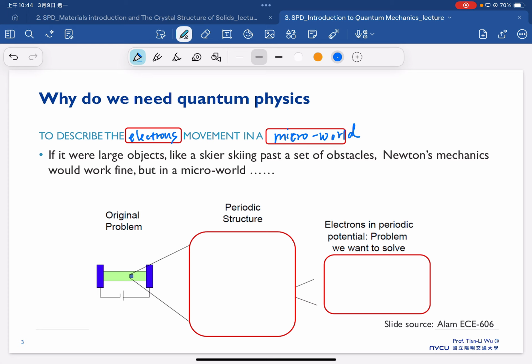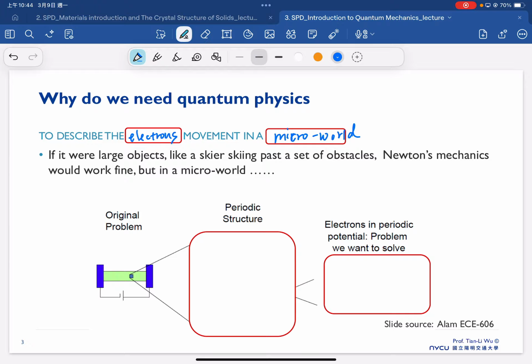That's why classical physics doesn't work, because classical physics considers cases in our general life, which are at a pretty large scale. But if we consider things very, very small, down to the micrometer and nanometer, we need new physics to help us. That's why we need quantum physics.